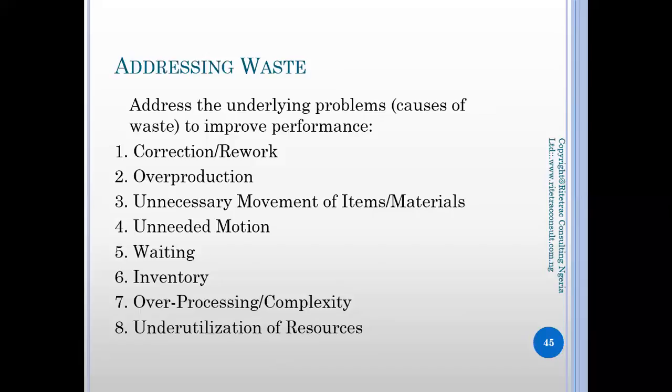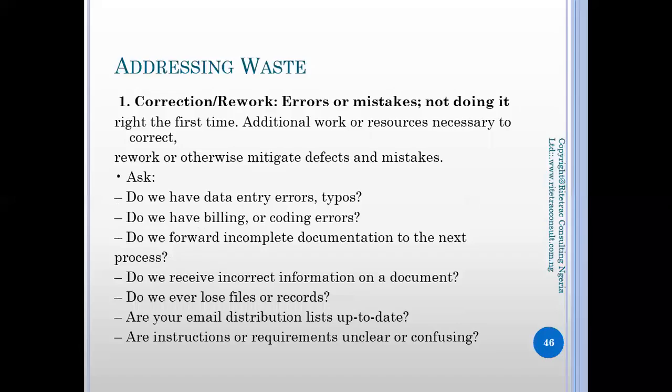These are the things that really hinder a lot of work, that make an organization, a firm, not run as it should. So that's what we have represented here. Correction, rework. We'll look at overproduction, unnecessary movements. Let's go down and see what they are.